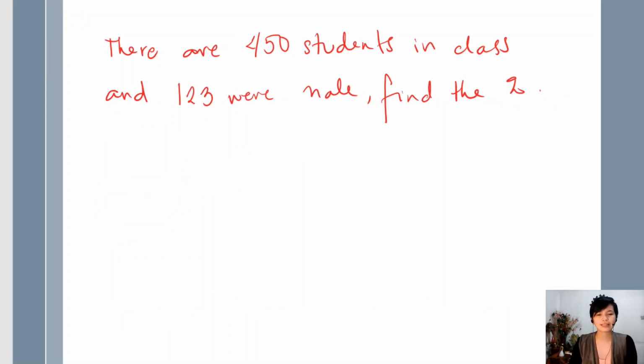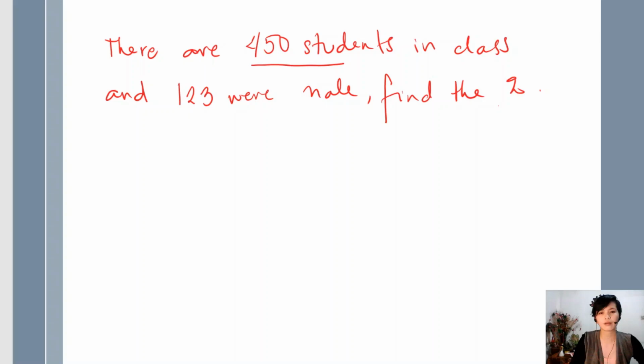So let's take this as an example. There are 450 students in class and 123 were male. You have to find the percentage of the male students. Now, how are we going to solve it? First is to analyze the problem.